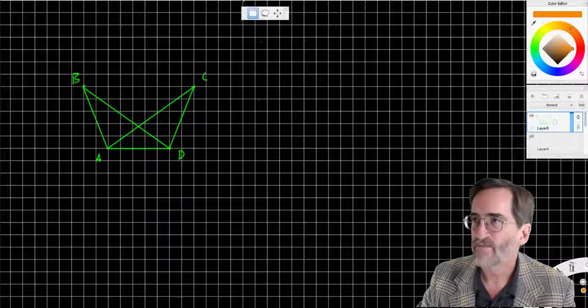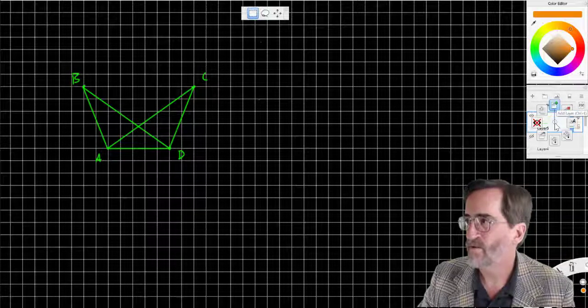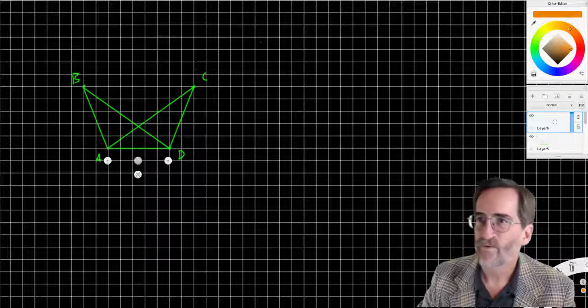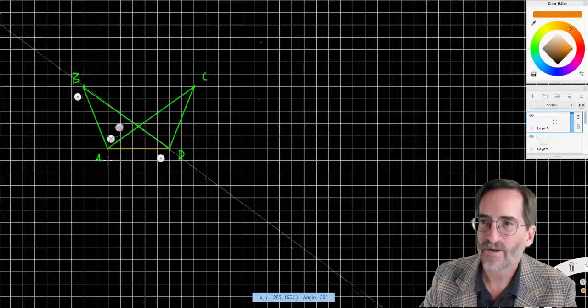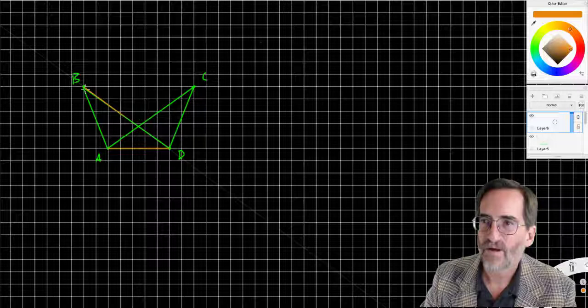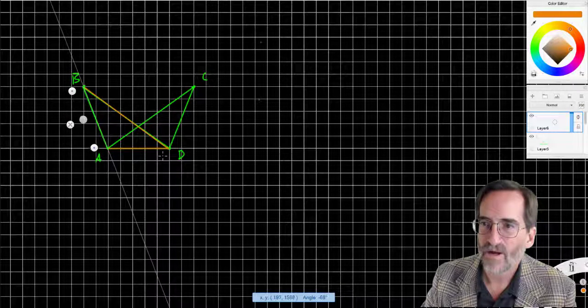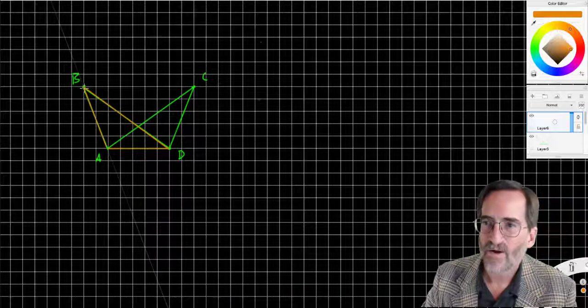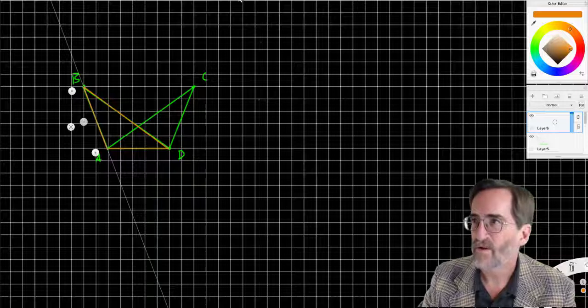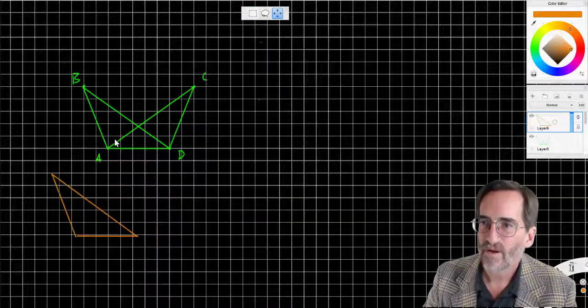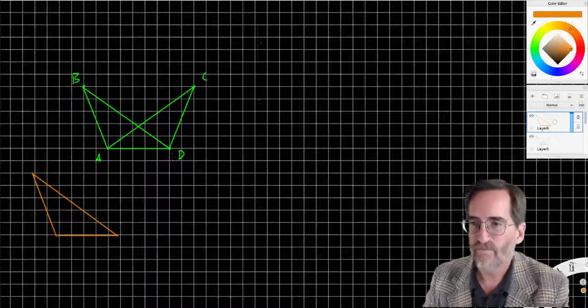New layer. Ruler. Okay, so we've got this triangle right here, off to the side.